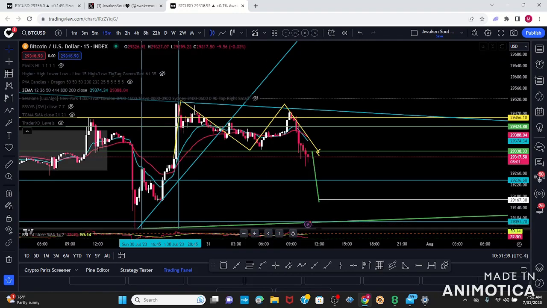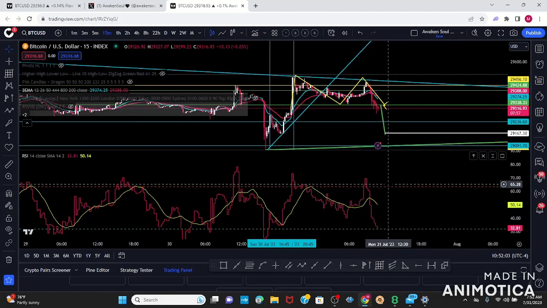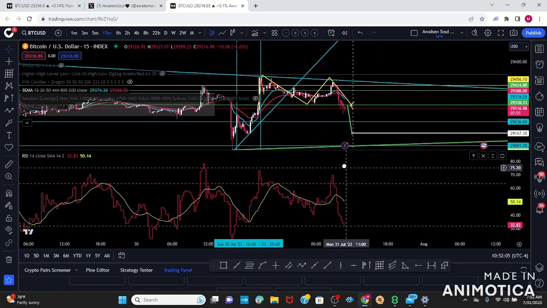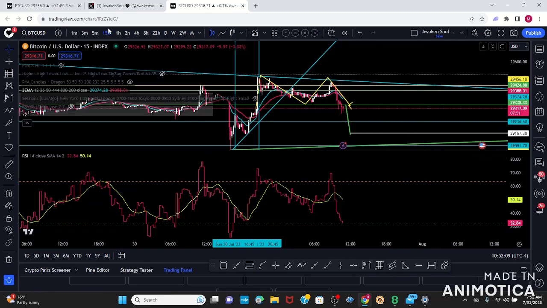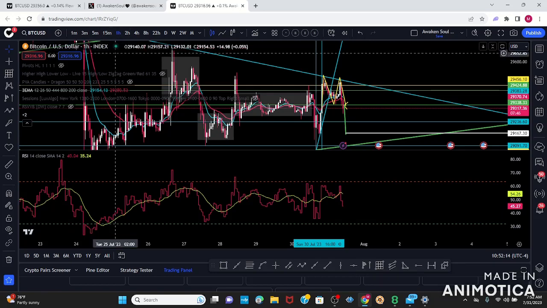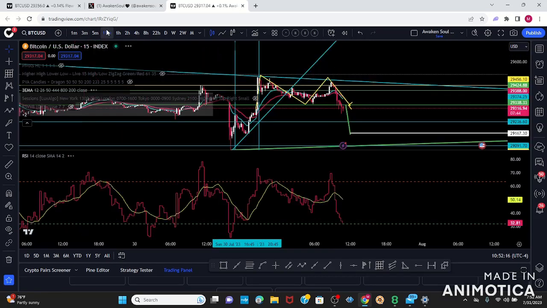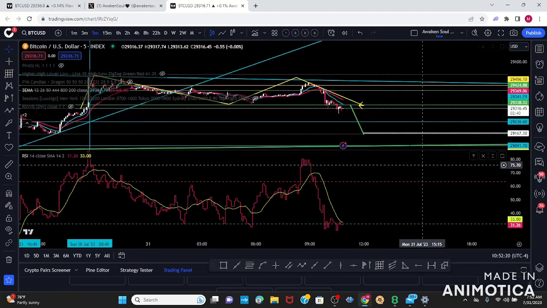Let me see my RSI. I usually like to enter when the RSI is overbought, right, to short, and oversold to long. In the 1 hour, there's movement, and in the 15 minutes, we could have a little retrace.